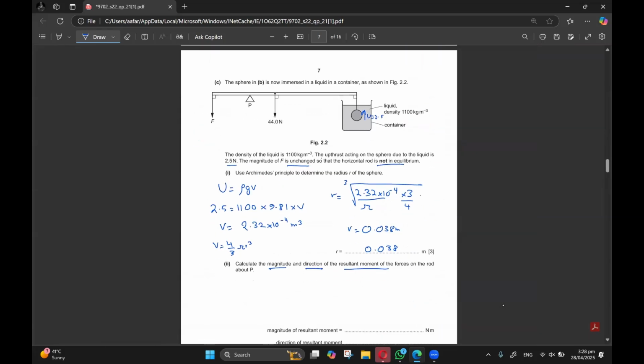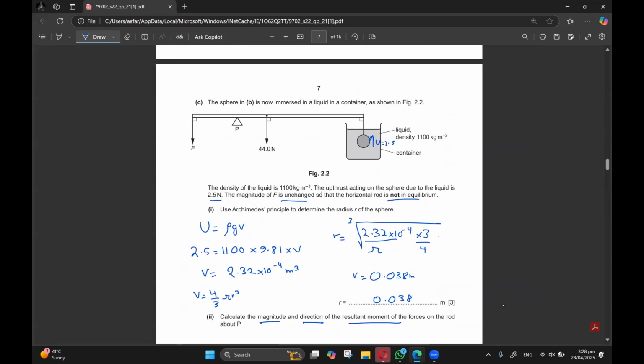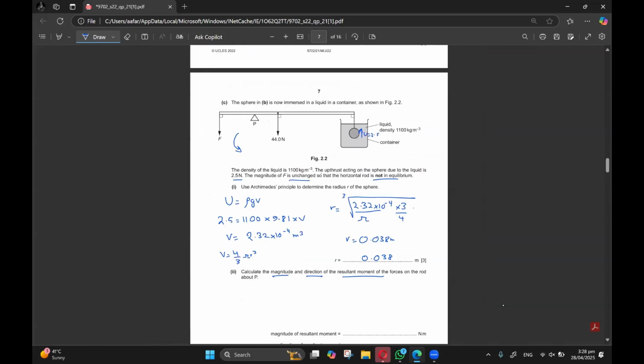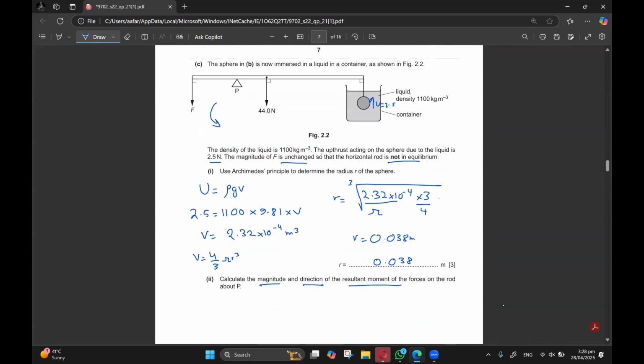So we know that it was three down here, but now it's going to control this. So we can estimate it's going to move in the anti-clockwise direction. So calculate the magnitude. If it doesn't, the answer will just be a negative. So we can figure that out anyway. But that's what we're going to assume.